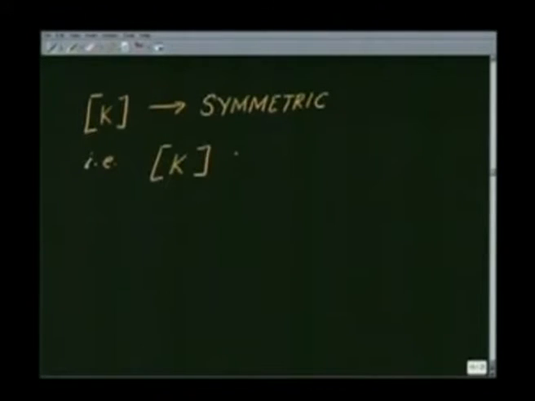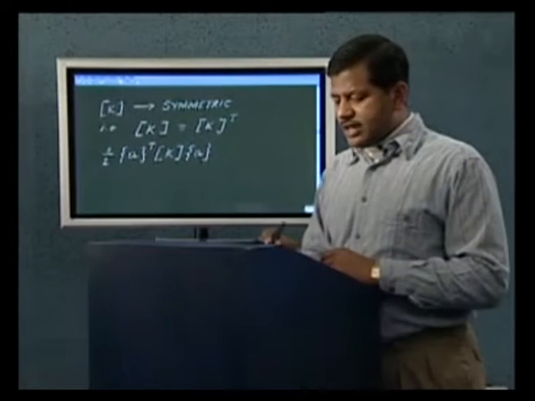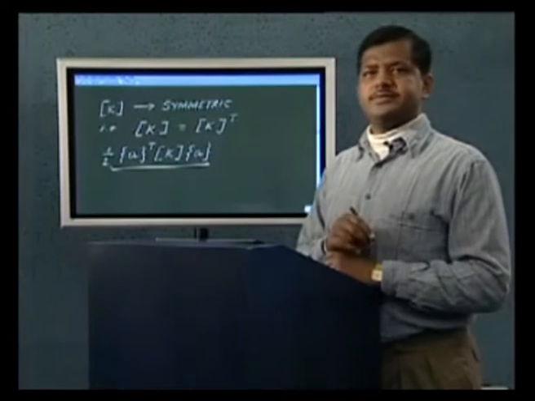So what does that mean in terms of the matrix notation? It means that the matrix K is symmetric. That is, when Kij is equal to Kji, we have K is equal to K transpose. Secondly, let us look at the following expression, half of A transpose Ka. Let's imagine I give you a set of these coefficients A, and then I would like to evaluate this expression.